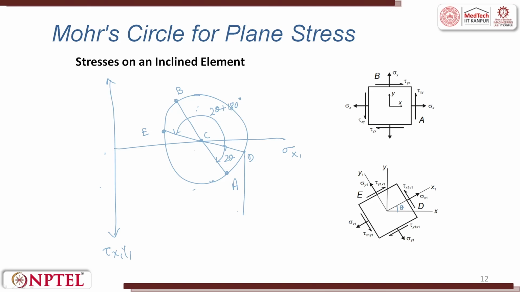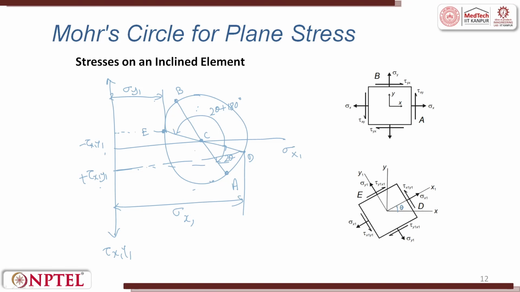Now, if we try to represent, this becomes your sigma x1 and this becomes your sigma y1, and you will have a magnitude along this direction. This becomes your minus tau x1 y1, and for B, this becomes your plus tau x1 y1.